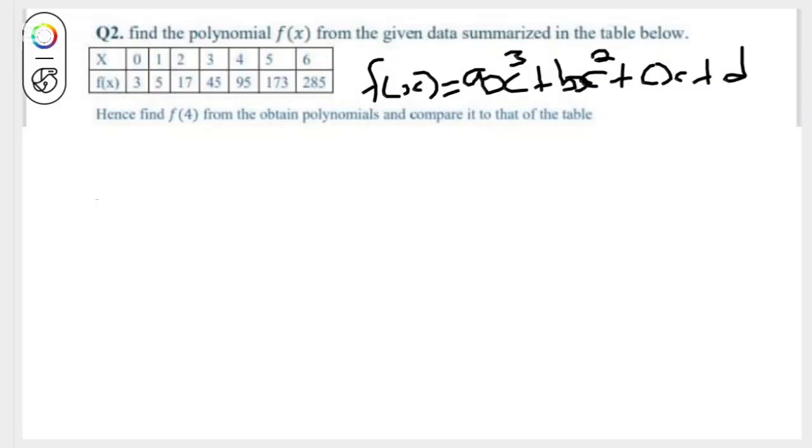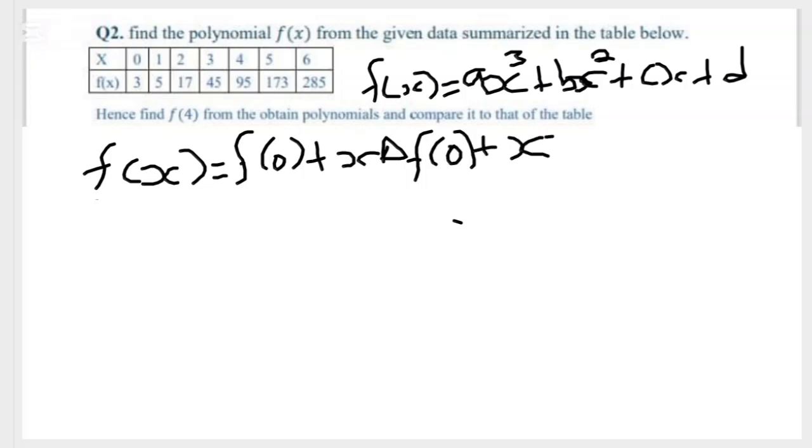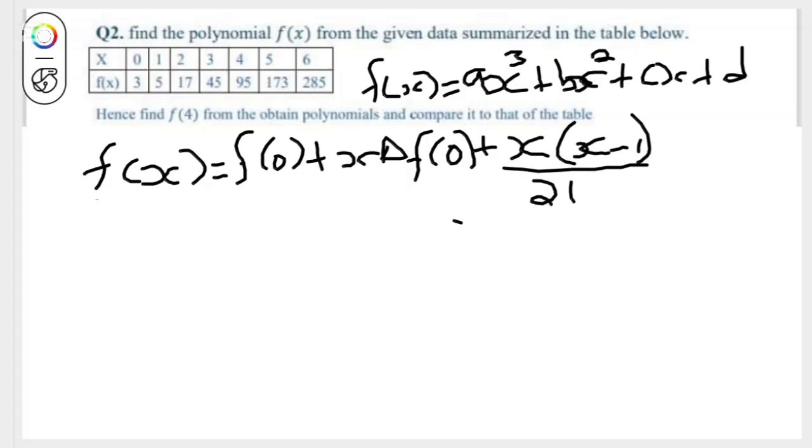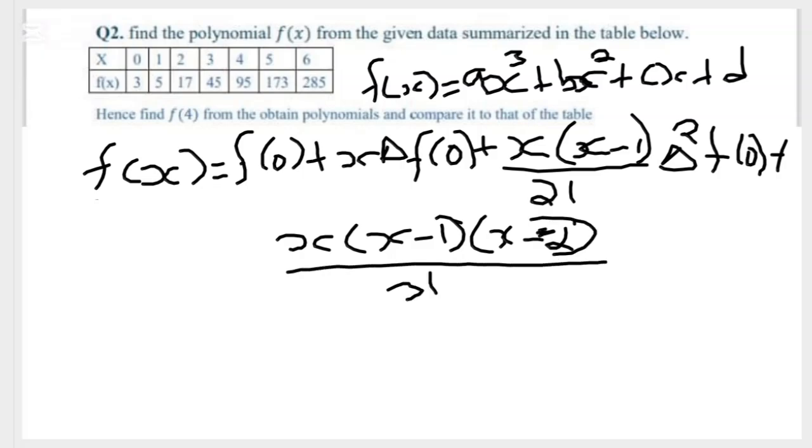So the forward difference formula for the polynomial is what? F of x is the same thing as f of 0, plus x times delta f of 0, plus x times x minus 1 times delta squared f of 0 divided by 2 factorial, plus x times x minus 1 times x minus 2 times delta cubed f of 0 divided by 3 factorial, up to infinity.